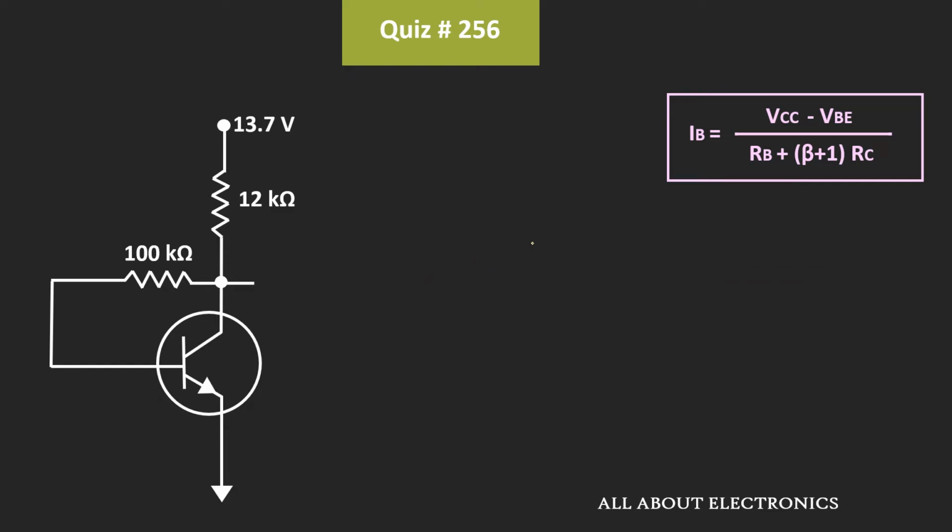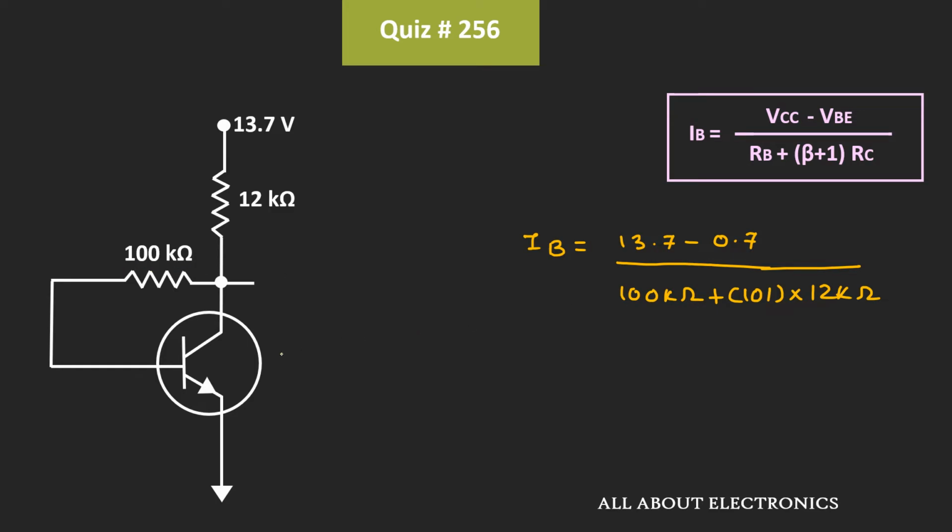Here this base current IB will be equal to 13.7 volt minus 0.7 volt divided by this 100 kilo ohm plus 101 times 12 kilo ohm, because here this RB is equal to 100 kilo ohm while the value of the beta is equal to 100.